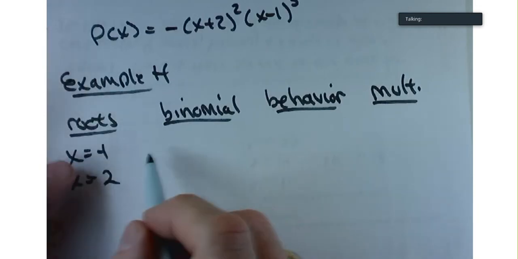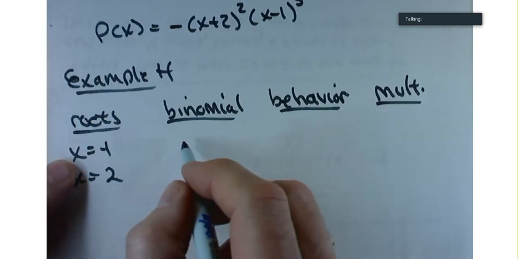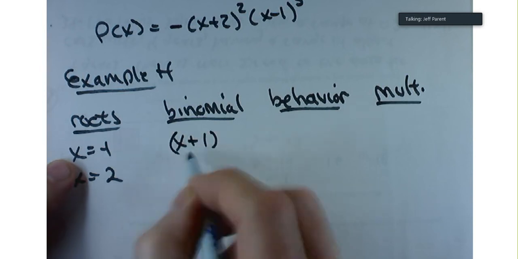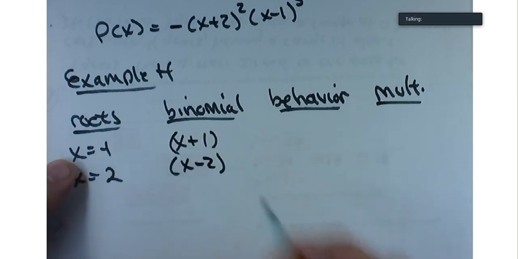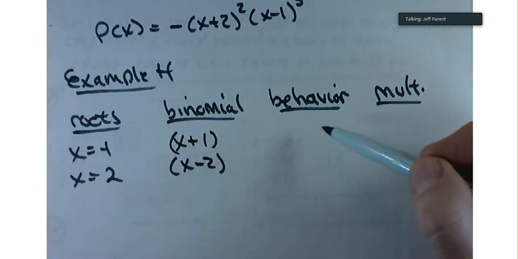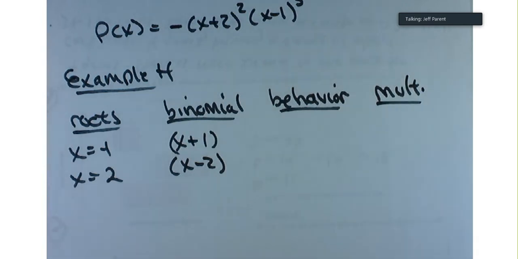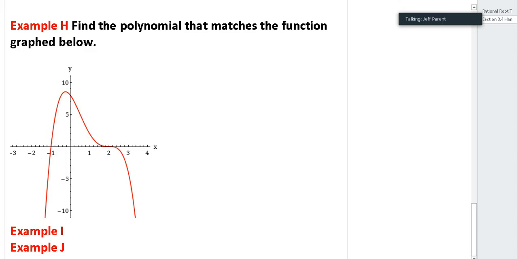So the binomials that correspond to this would be x plus 1 and x minus 2. What behavior did we have at the root for x equal -1? What kind of behavior was that? Was it a bounce, wiggle, or straight through? Straight through, right?